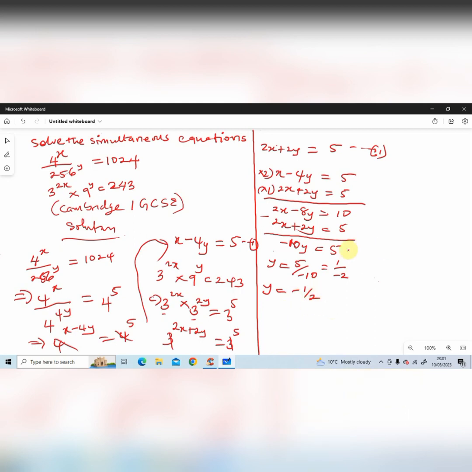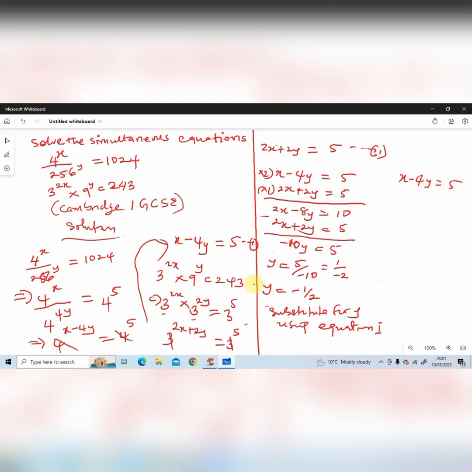So I'll write: substitute for y using equation 1. Equation 1 is x minus 4y is equal to 5.